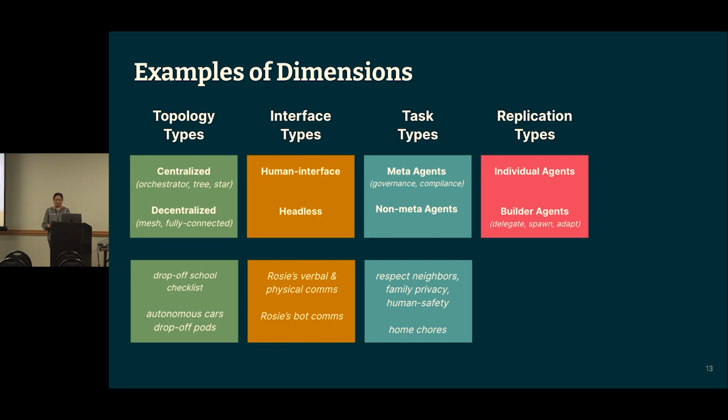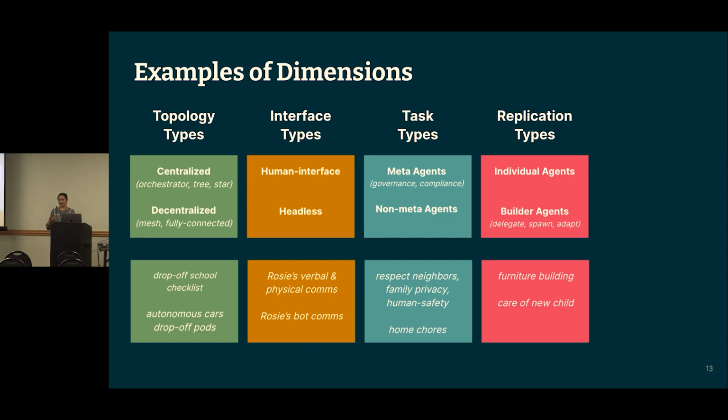And then the last thing is initiative types, at least the ones we have here. And here too, you can think about it in humans, right? When are we reactive versus proactive, and where are those agents that could be self-initiated versus those that are responding to messages and signals.